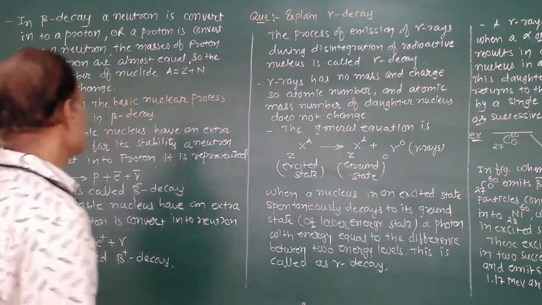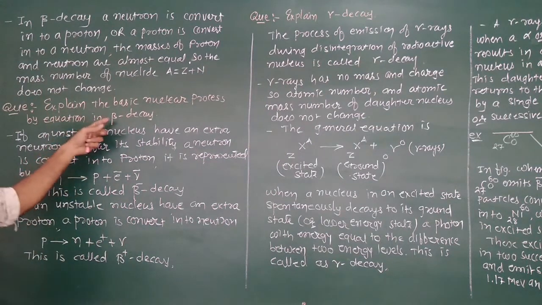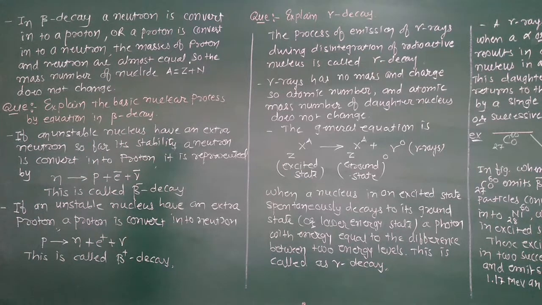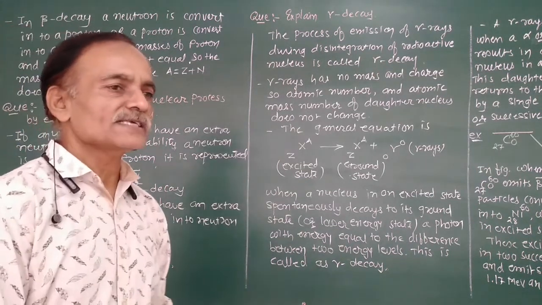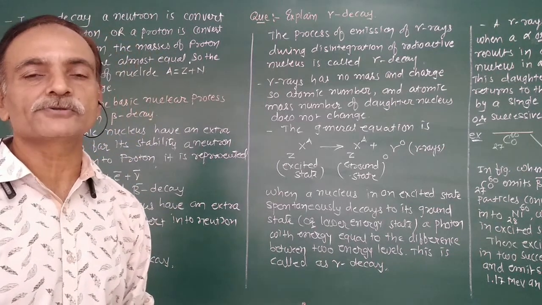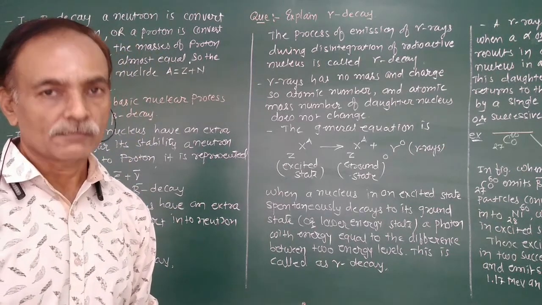Now the next question is: explain the basic nuclear process by equation in beta decay. That means, during the beta decay process, in which circumstances are electrons emitted or positrons emitted?